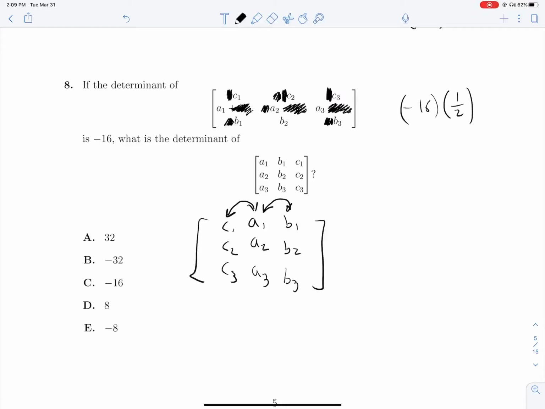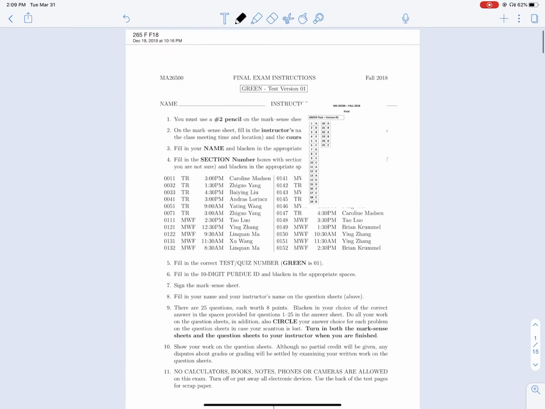So yet again, just like crossing out the two factors of -1 like we did up here, 2 column flips will do nothing to our determinant. So this, in fact, is the determinant of this guy right here, which is just -8. So 8 is E.